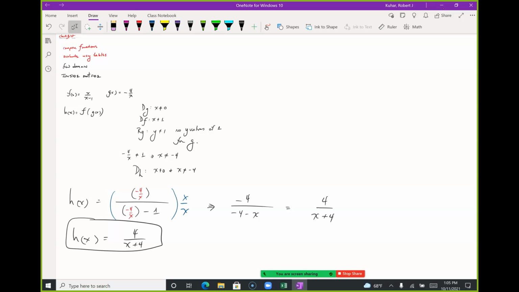How we doing? Anybody get there? Anybody get to the green circle? Yep, and then we just want to simplify, right? You can factor out a negative from everything and cancel it.